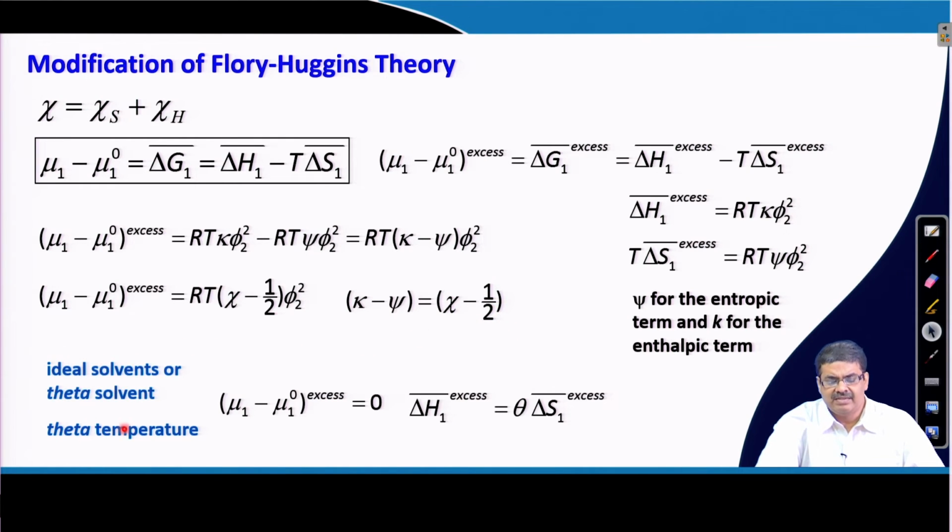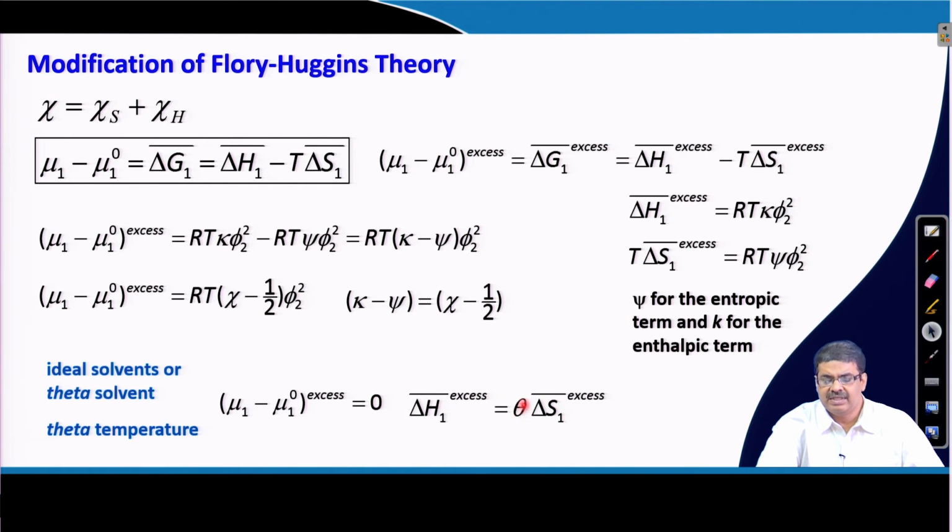In the case of an ideal solvent, because the excess terms become 0, this excess partial molar enthalpy becomes equal to theta, the theta temperature, multiplied by the partial molar entropy change.